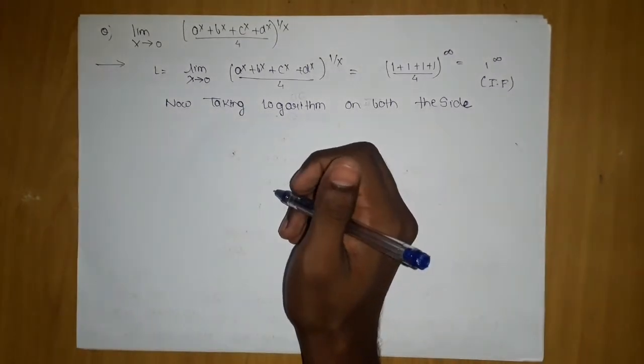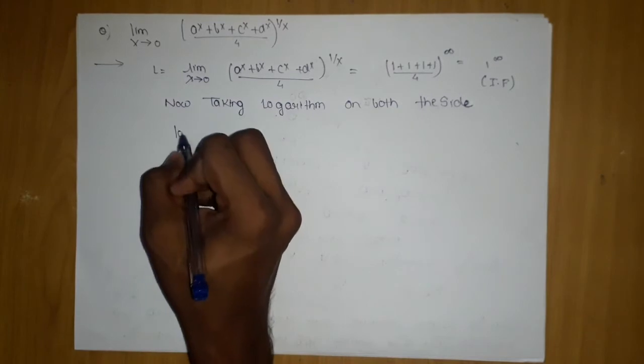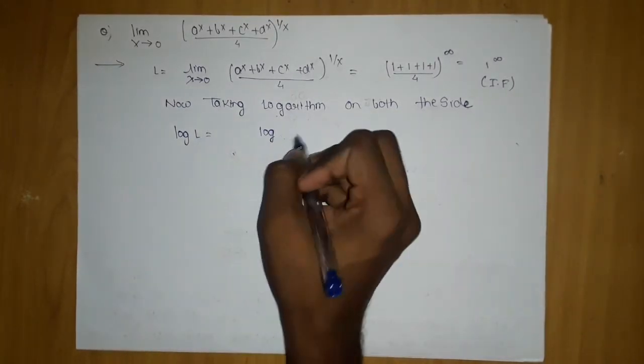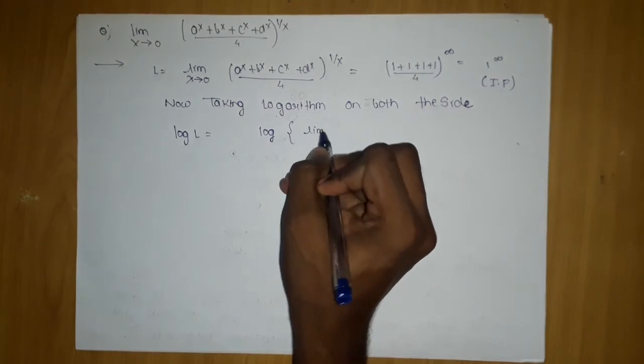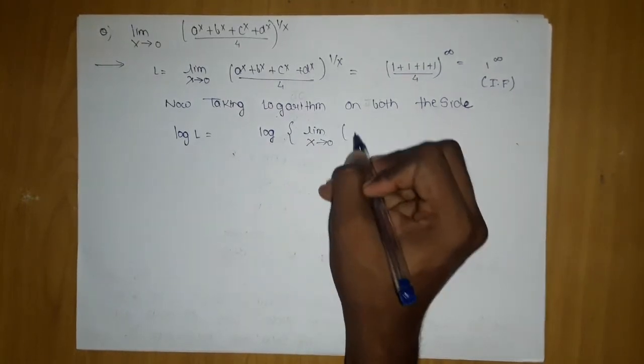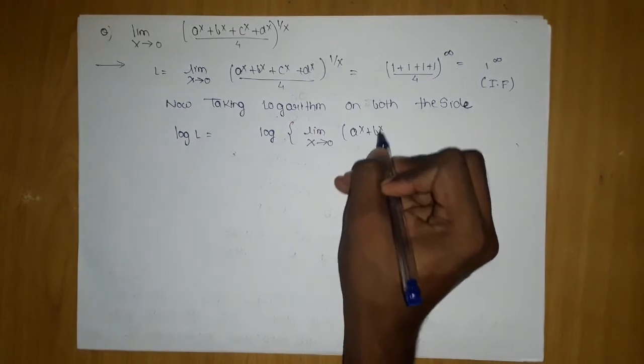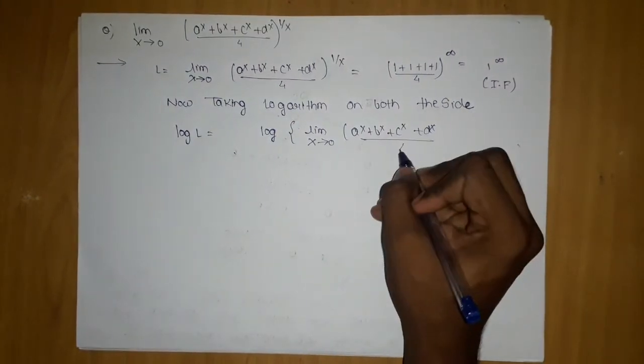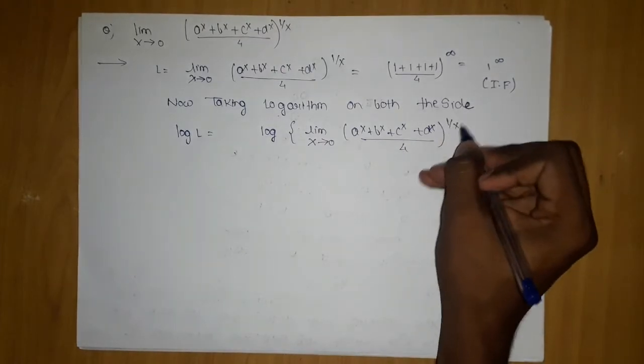After this, what you have to do, you will take log, just observe the steps. First log will be outside the whole bracket. These steps are important because you are writing a theoretical paper.